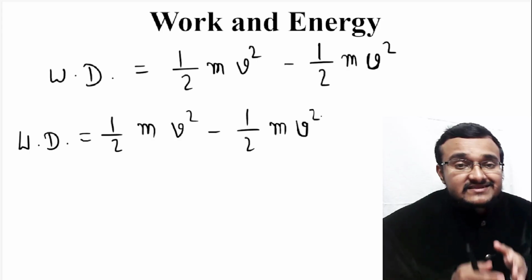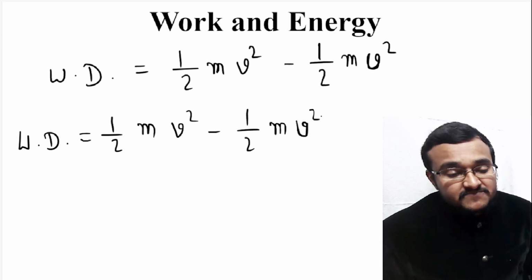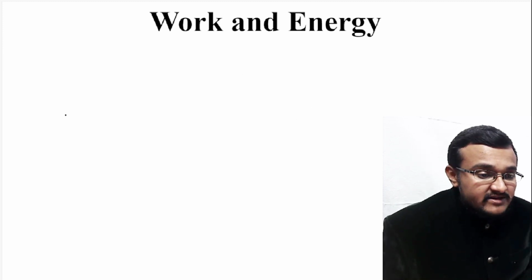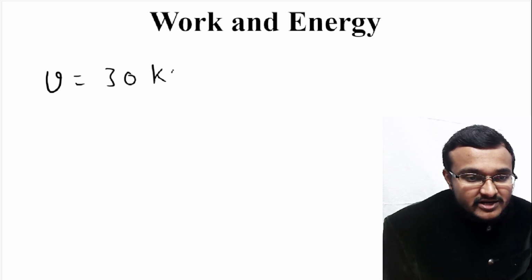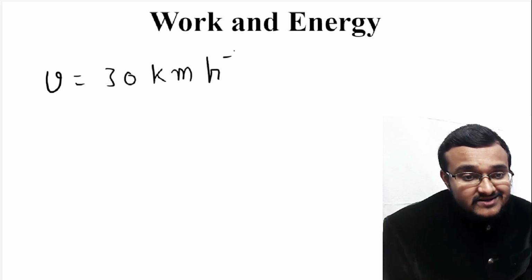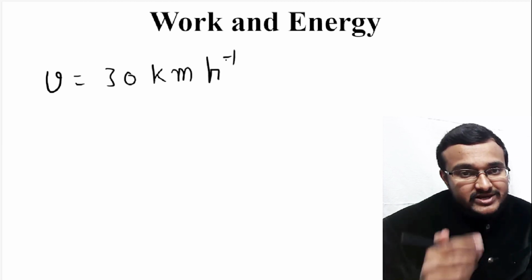Before calculating this, we have to convert the speed which is given into SI units. Here they have given the initial speed as 30 kilometer per hour. This is not in SI units, so now you have to convert this to SI unit.